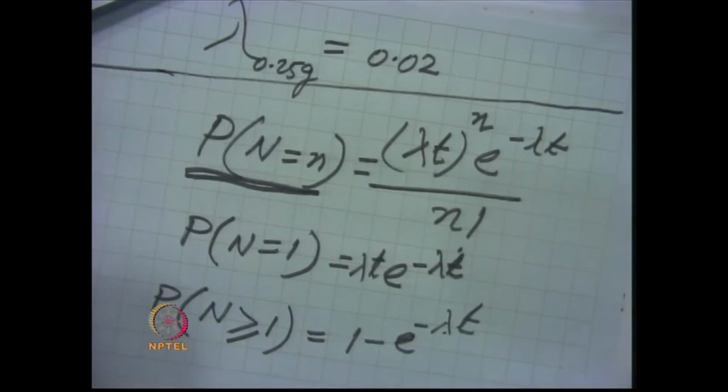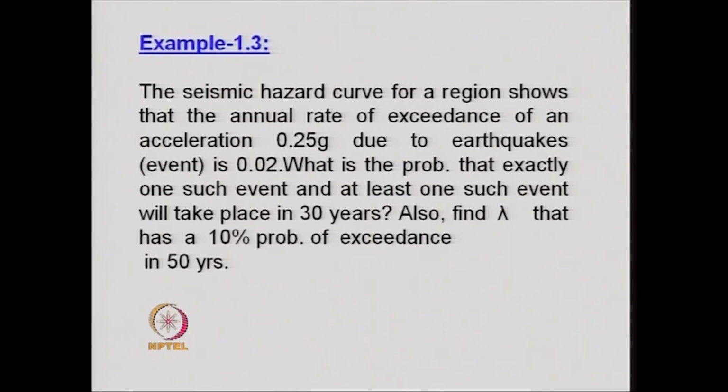So this is given. Now what we have to find out is the probability that exactly one such event, that means only one event where the 0.25 g peak ground acceleration will take place, occurs in 30 years.